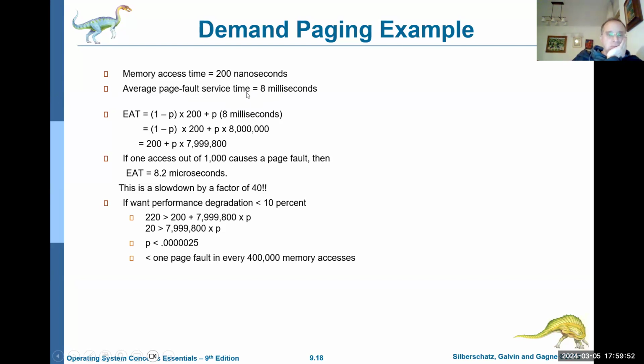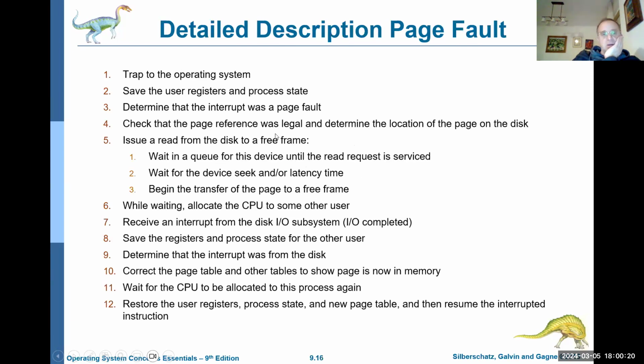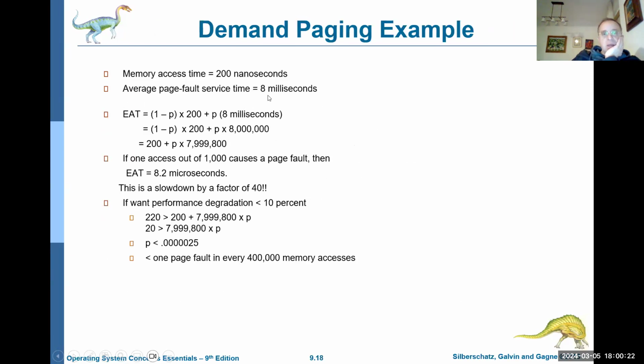What are they giving me here? They're giving me everything, all this stuff together. They're giving me this also plus the memory access. In other words, there's obviously going to be a memory access in this part of the equation too. This should have really been written plus memory access. But all that they're putting together into this number, 8 milliseconds.